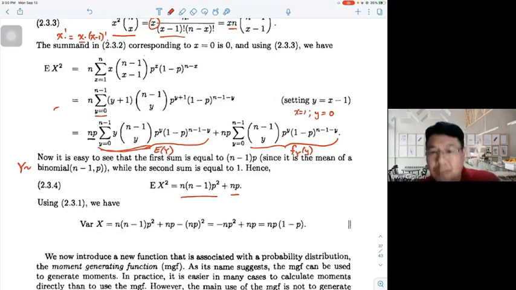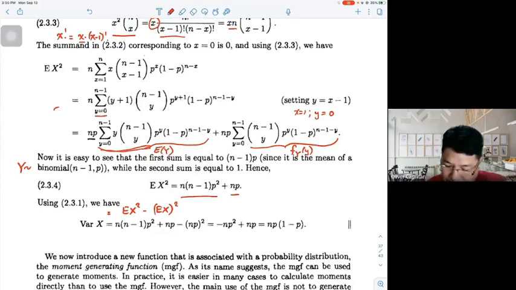So we have already computed the expectation of the square of x. The variance of x, using the formula, is the expectation of the square of x minus the square of the expectation of x. So we have this, minus the square.